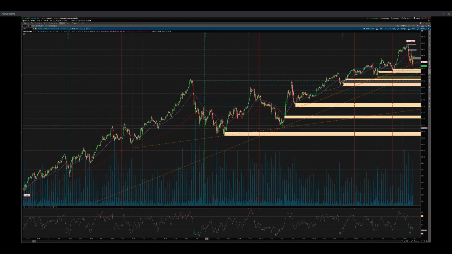So you see that this level has held up multiple times and proved itself to be a very strong price point where both buyers and sellers have come to determine that the price isn't necessarily fair down here, and so they're trying to move into a fair price.